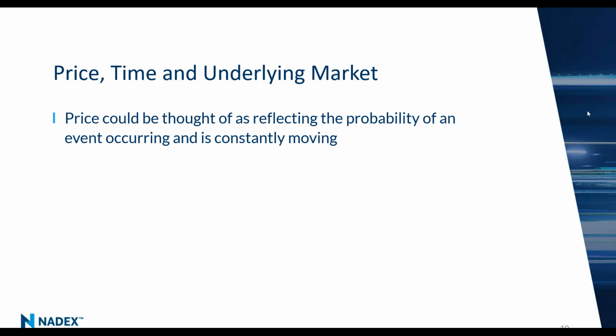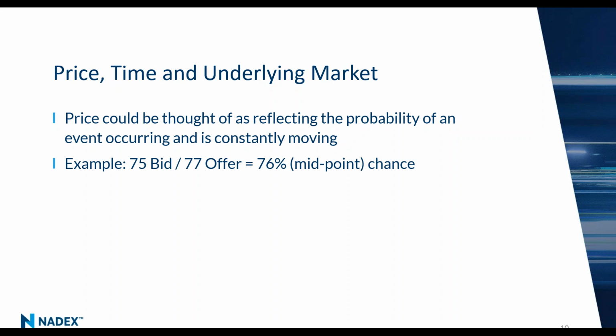Now, what I would like to talk about is the price as well. As I mentioned, it is the probability of the event occurring, as determined by the marketplace. The marketplace is going to make changes as the price of the underlying moves, as well as time moves. When I say it reflects the probability, it's the dollars that you're trading, but it's also the probability the marketplace is putting on the event being true.